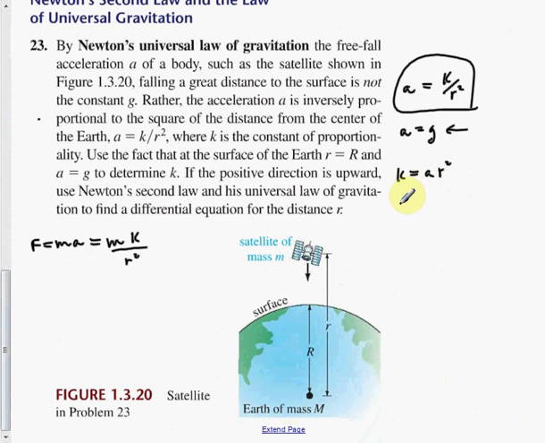And as you get further out, this k becomes the A, which becomes g, and then little r becomes capital R squared. And so here we have this force is equal to this mass times k, but k is said to be g times capital R squared all over little r squared.